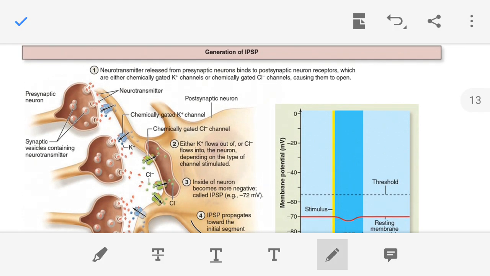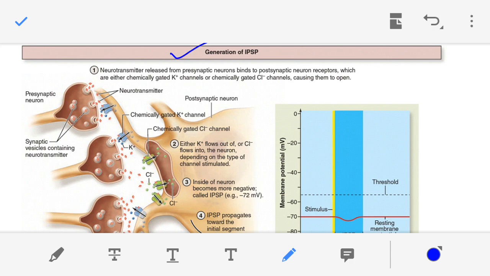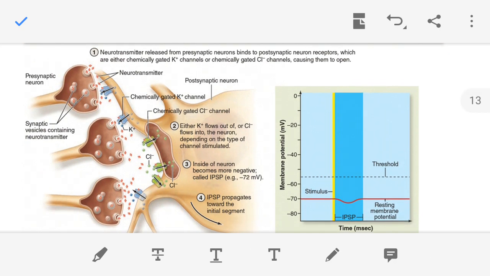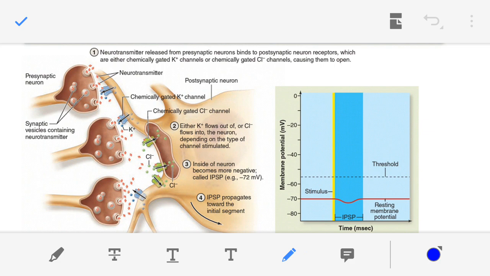Now let's understand the generation of IPSP. In case of IPSP, neurotransmitter is released from the presynaptic neuron. So here with the red color, as you can see, the synaptic vesicle is bursting, neurotransmitter is released, and the neurotransmitter binds to the receptor.